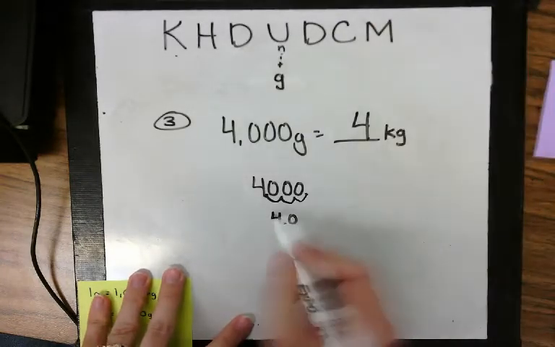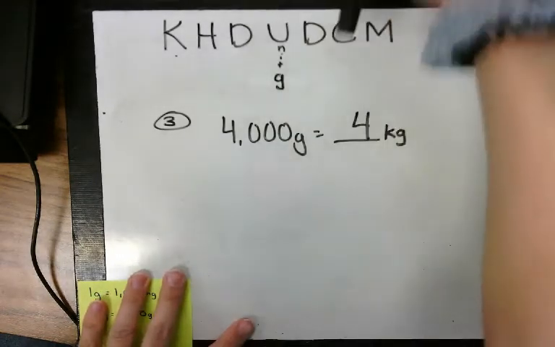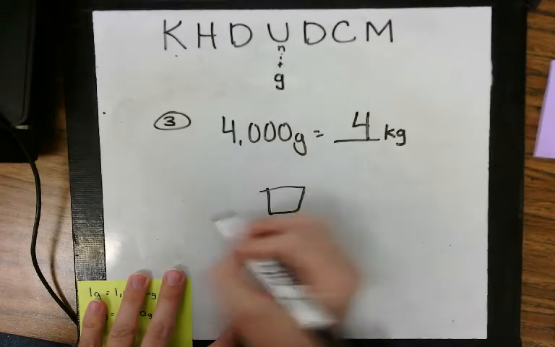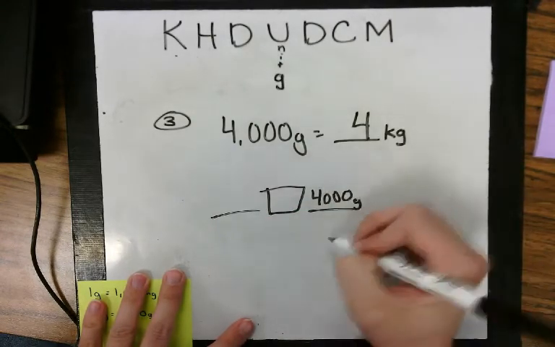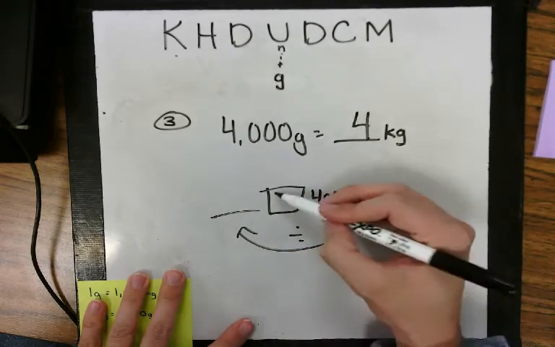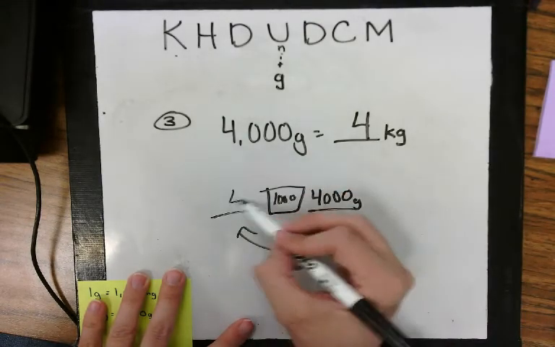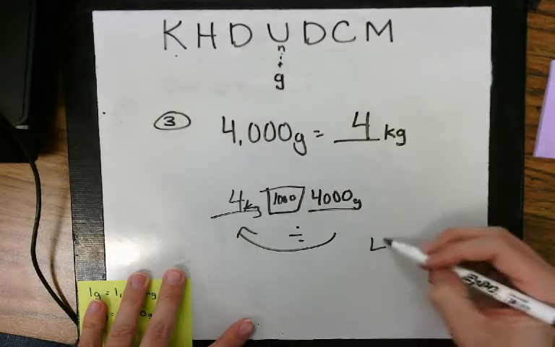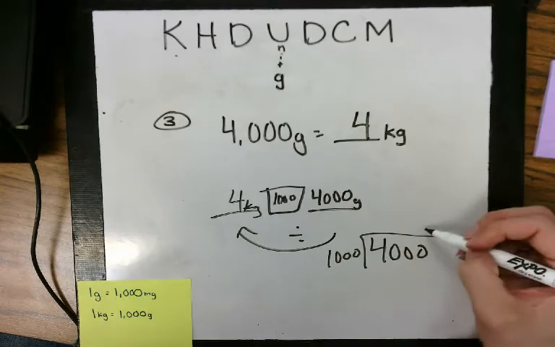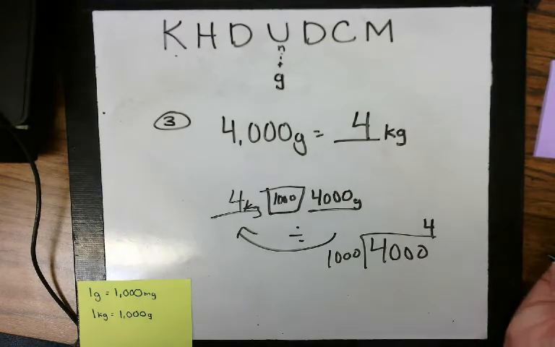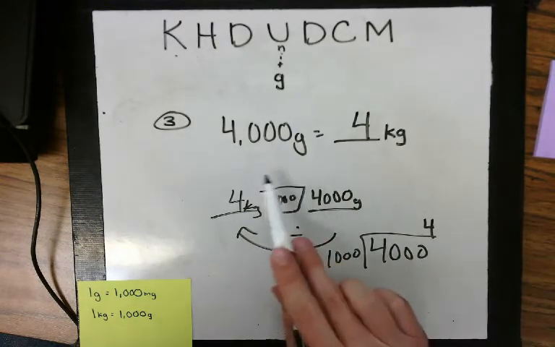The reason we can do this and skip the step of dividing, if you think about it, if we did it like this, we'd be going from 4,000 grams, and we'd be dividing by 1,000, and that's what gives us the 4 kilograms, because 4,000 divided by 1,000 would give us 4, right? That's why we can just move the decimal point.